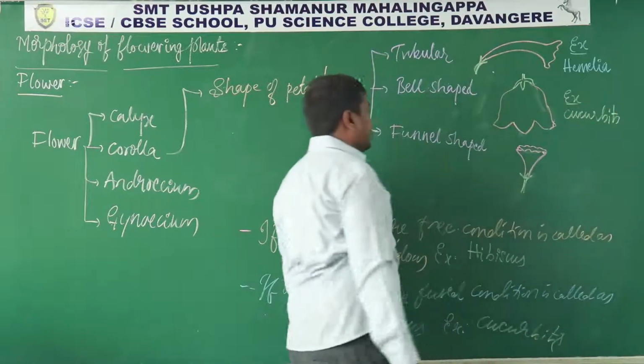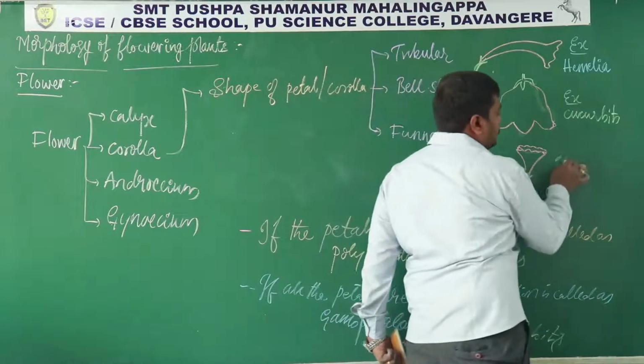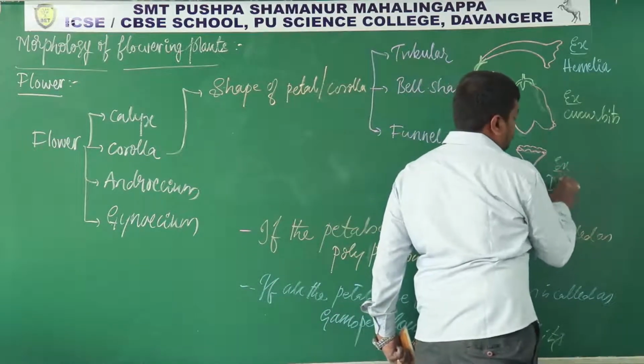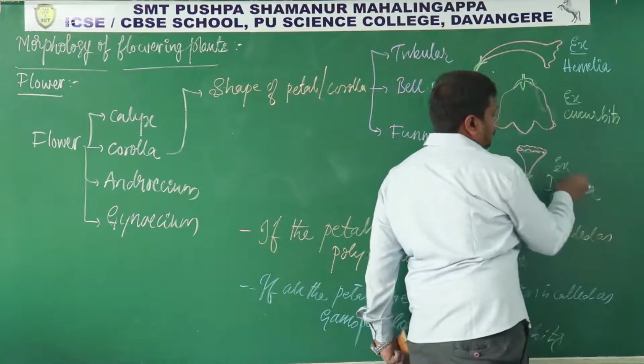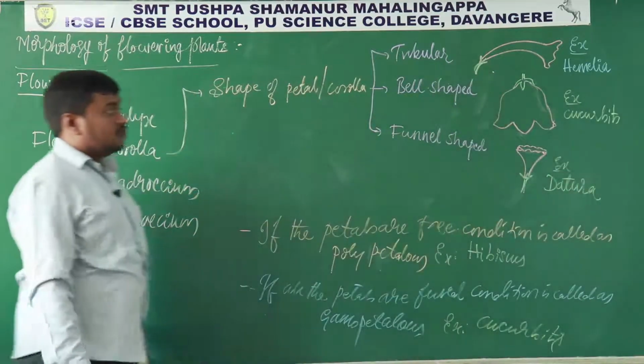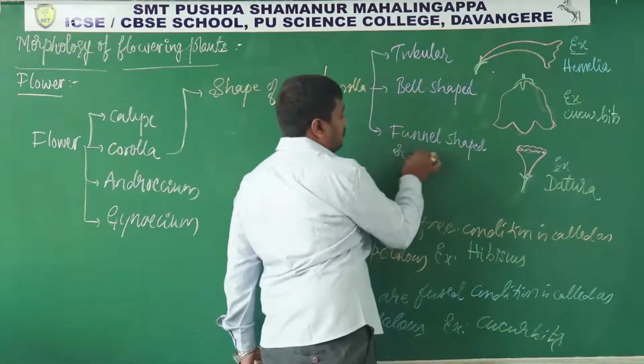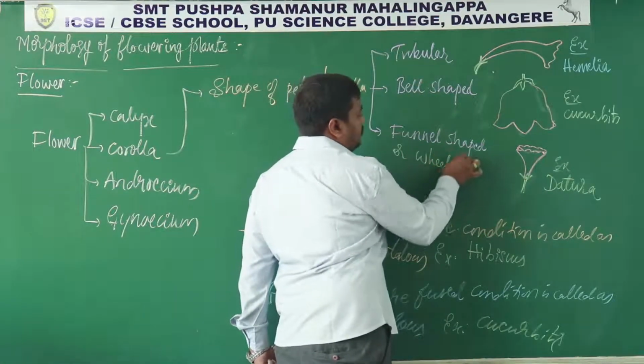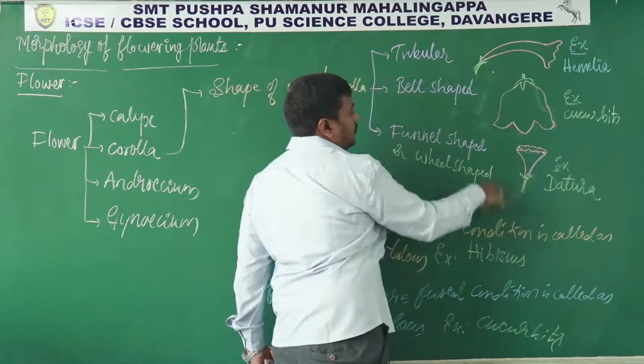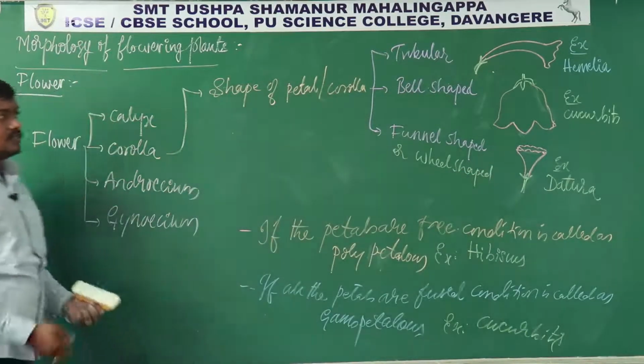Then funnel shaped: Datura. Funnel shaped is also called wheel shaped. Okay, so these are the basic types.